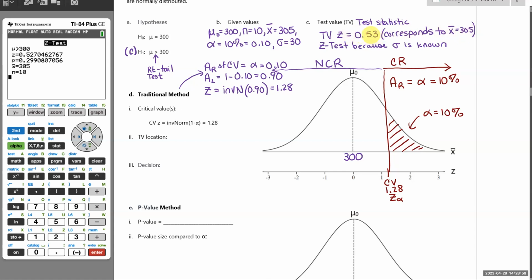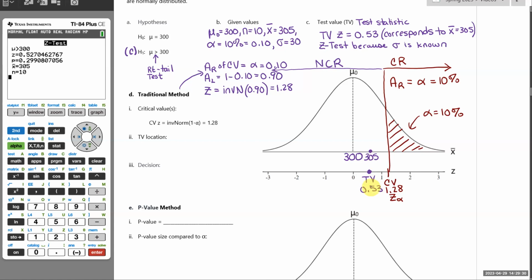All right, so first let's graph the z-score. So 0.53, so that would be in here somewhere. It doesn't have to be perfect at all. This is my test value, 0.53. So what that does is tell me that x bar would be right there, 305.